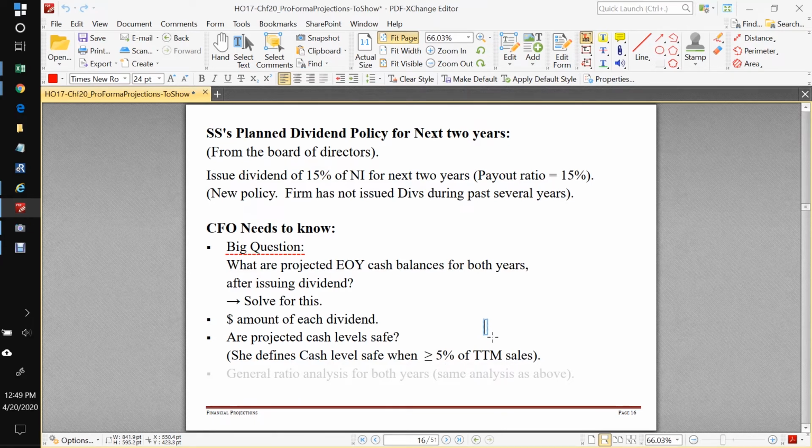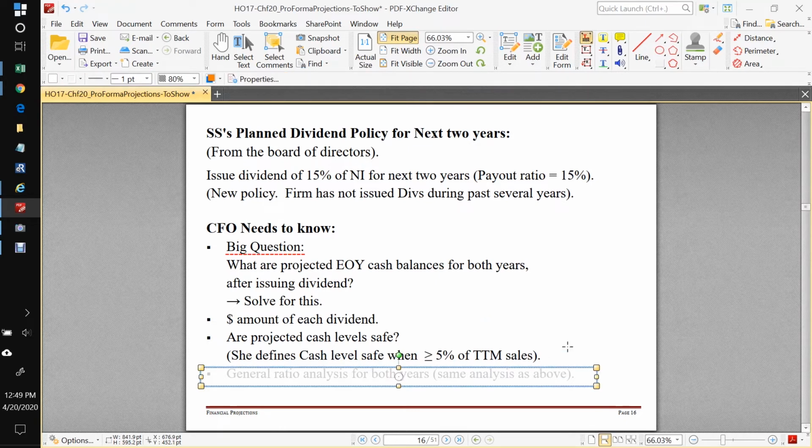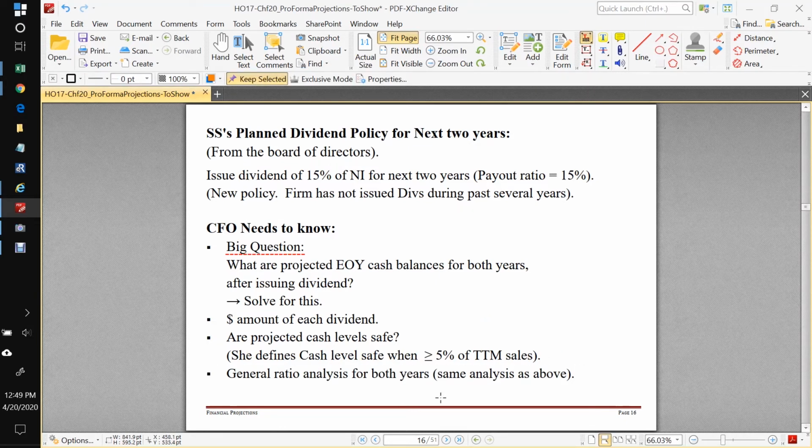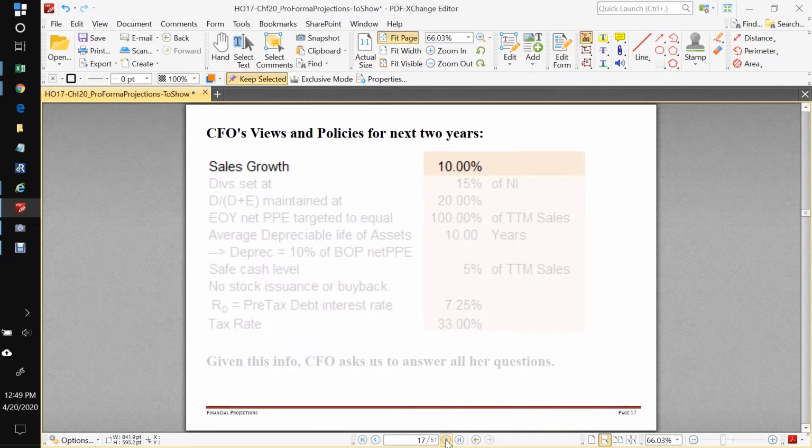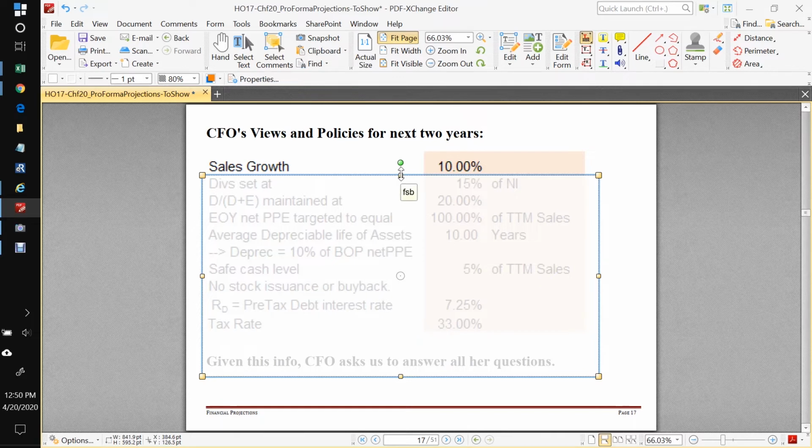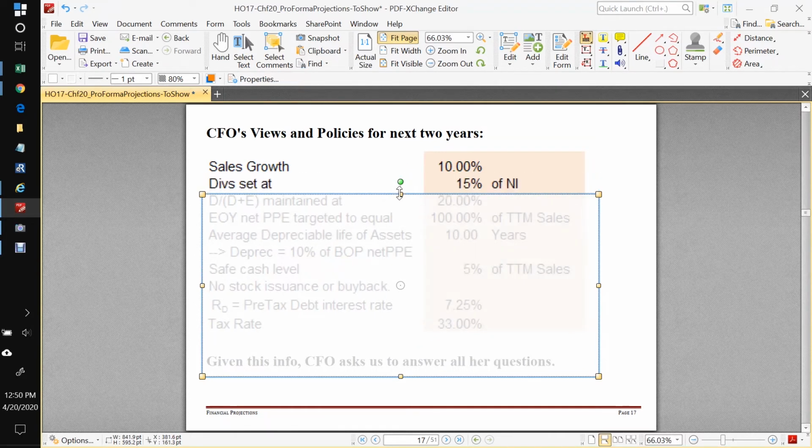That's fairly common, and those of you who go on in finance will see it in advanced finance courses and consulting and things like that. She would also like to see a general ratio analysis for both years, exactly the same type of ratio analysis that we looked at at the beginning of the Sahali example. Okay, so she has some views, and the firm has some policies for the next 2 years.